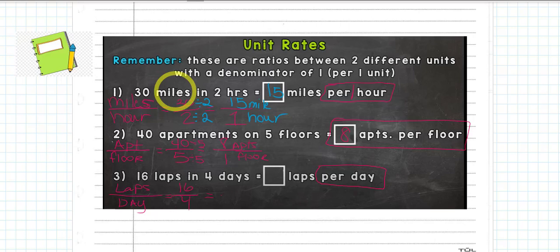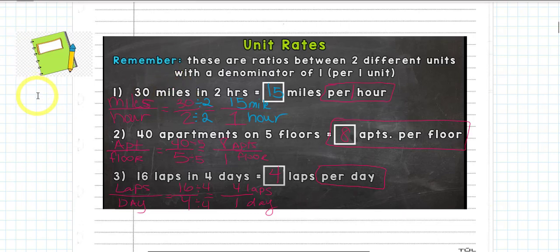We're going to create our unit rate with a denominator of 1, which means we'd have to divide by 4 in order to get that denominator of 1. 16 divided by 4 is 4. And we end with words. That's 4 laps in the numerator in 1 day. And this helps us guide the sentence that we give as the answer. This would be 4 laps per day.